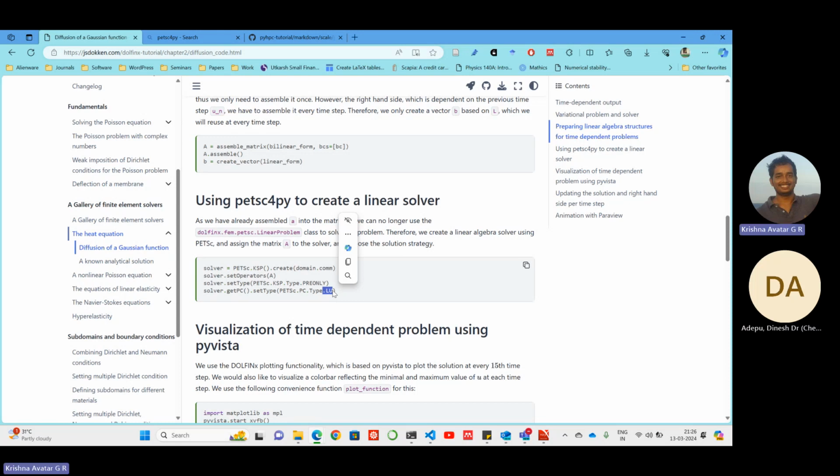Now, if the matrix is singular, what will be the lowest eigenvalue? 0. So the condition number is infinity. And if the matrix A is near singular, that means the lowest eigenvalue will be very close to 0. Even then, the condition number is going to be very high. So the higher the condition number, the slower the system converges.